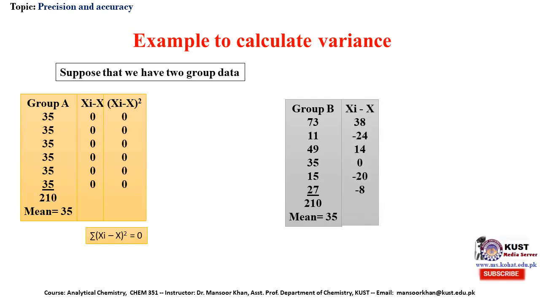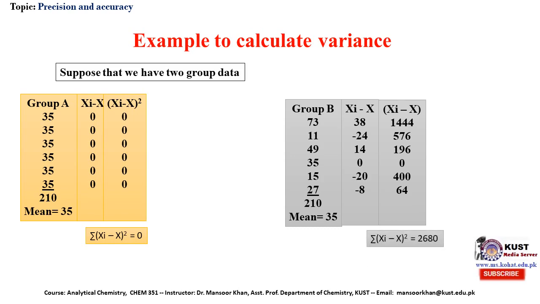The differences between individual measurements and the mean are 38, minus 24, 14, 0, minus 20 and minus 8. The squares of the differences of the individual measurements from the mean are 1,444, 576, 196, 0, 400 and 64, while the summation of (xi minus x̄) whole squared is equal to 2680.